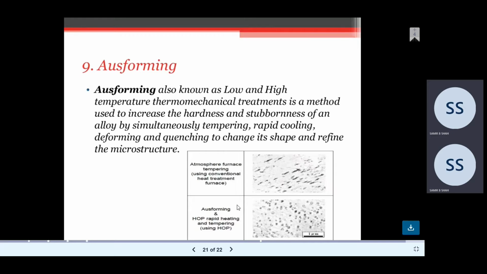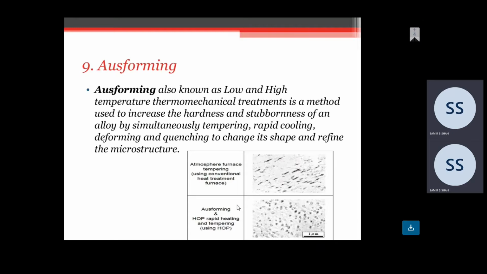Okay, and the last one is also known as... and the hardness, but this requires a refined structure, which is very important.